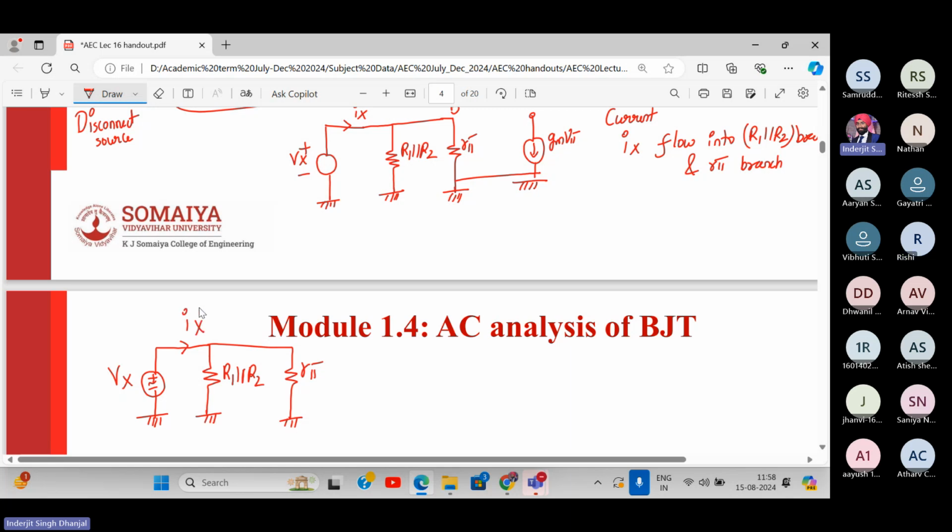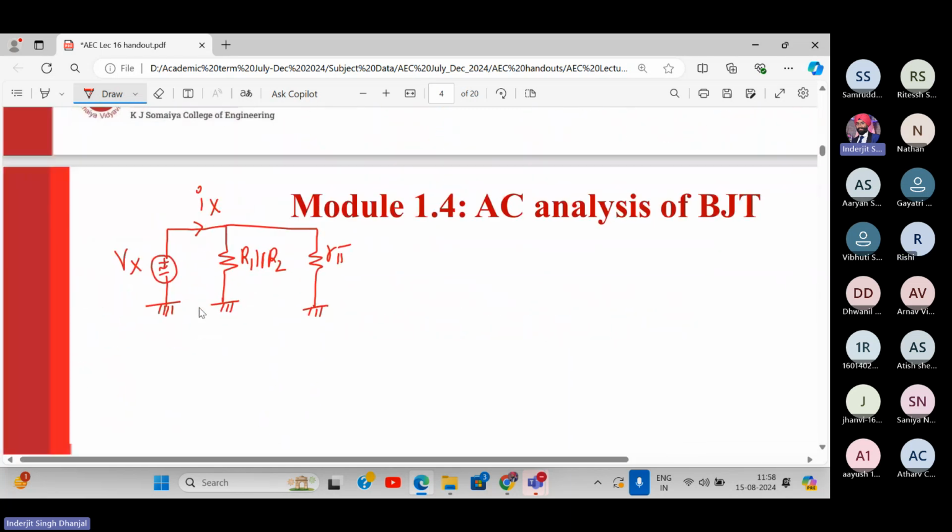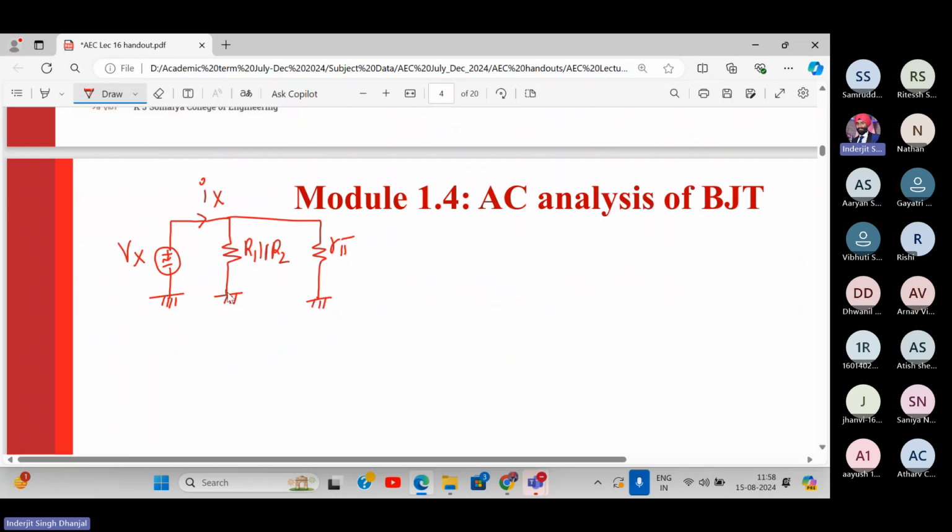And this is Ix. Now tell me, if you want to find out Vx upon Ix directly, what is it? Come on. So what is Vx upon Ix? Simple Ohm's law. It is R1 parallel to R2, then parallel to R pi. Is it not? Yes or no?